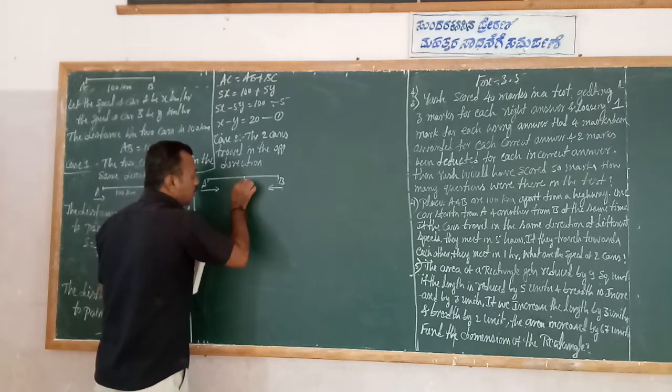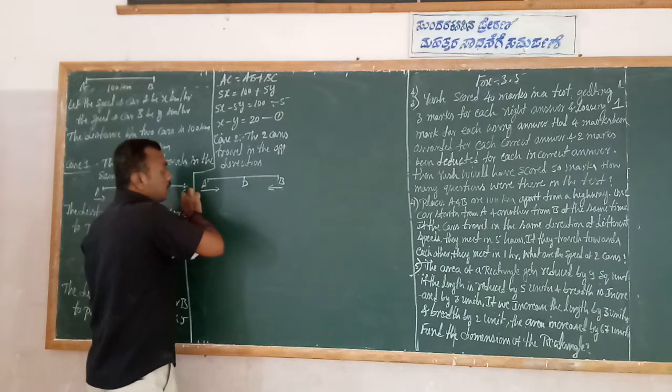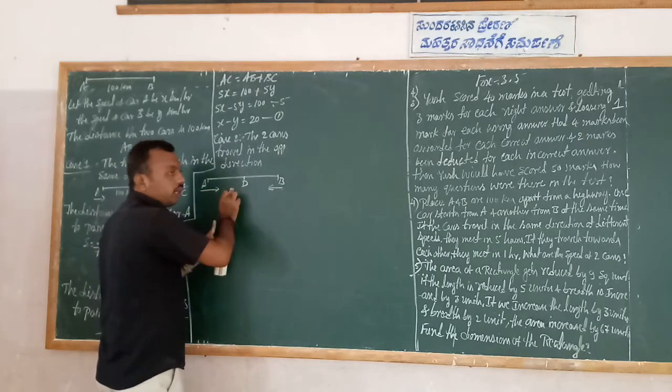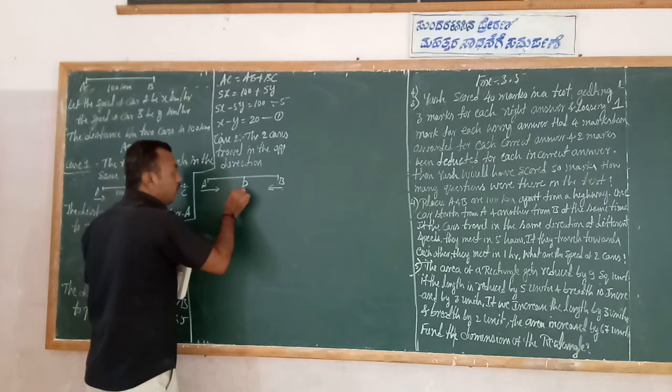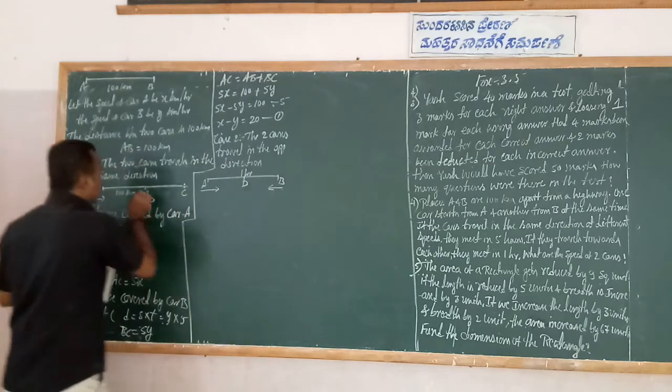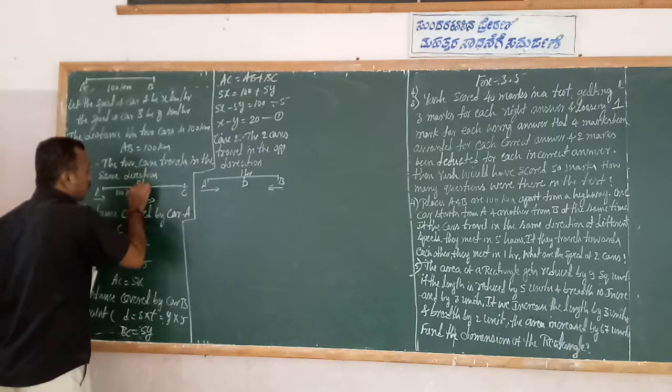That is called D. I don't know the distance covered by car A and the distance covered by car B. We have to calculate. This is after 1 hour, and this is after 5 hours.